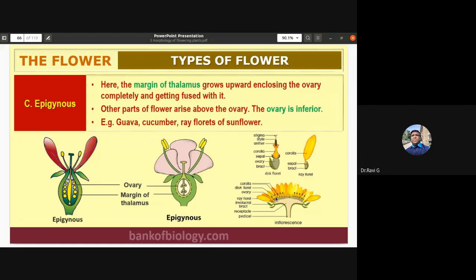The ovary is called inferior ovary. Examples for this epigynous flowers are guava, cucumber, ray florets of sunflower, apple, pear. Even I told you about pomegranate, which is also an example for epigynous flowers.